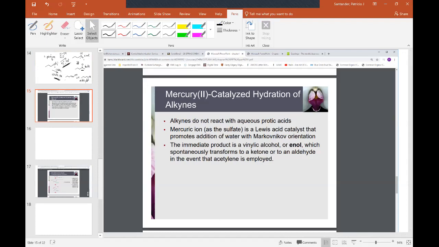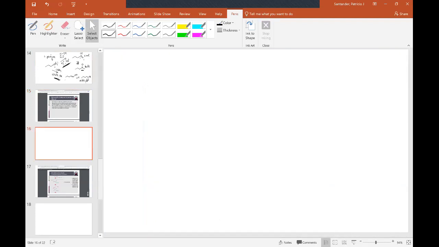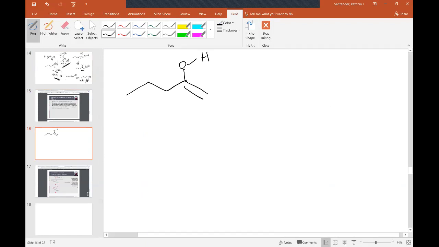So notice that the tautomerization process is something that goes like this, right? So if you have an enol that looks like this, the tautomerization process will be simply that you can have a base that helps you to abstract a proton.